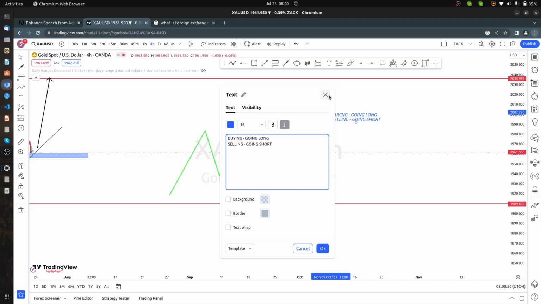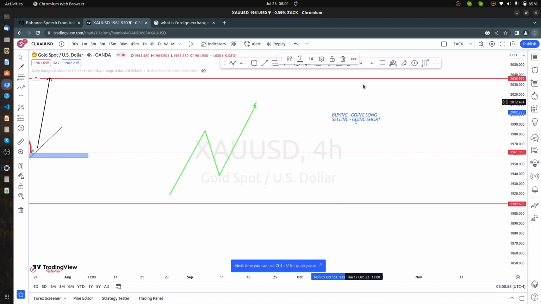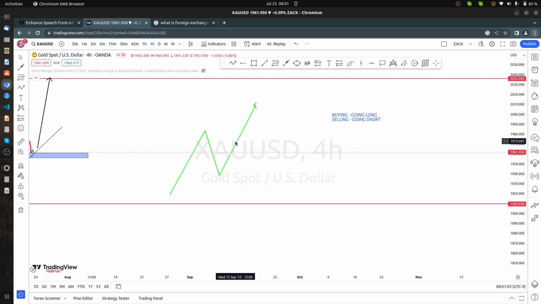So in order to know when to buy and when to sell, you need to have a proper strategy. You need a proper strategy that will help you know that the market is about to sell or about to buy. Those types of strategies are endless. There are very many different types of trading strategies.